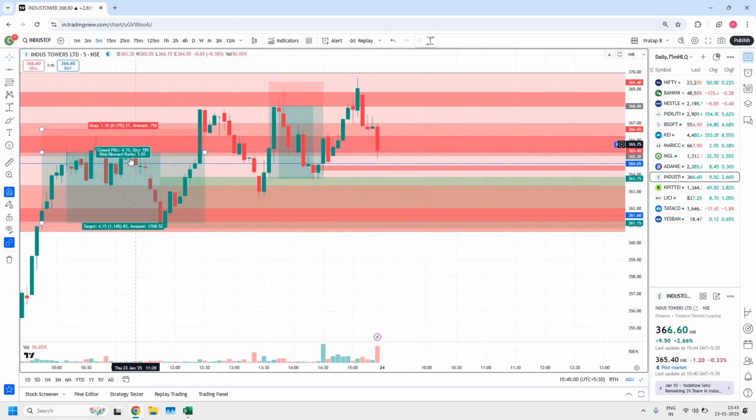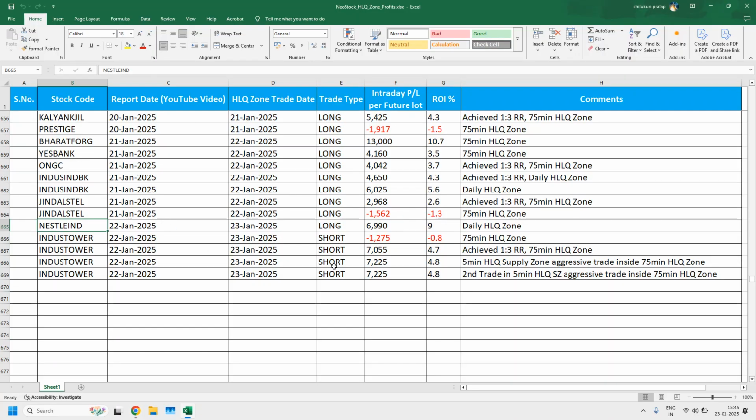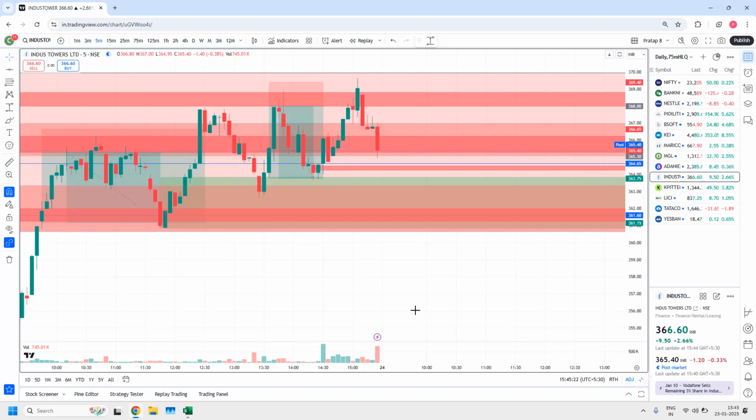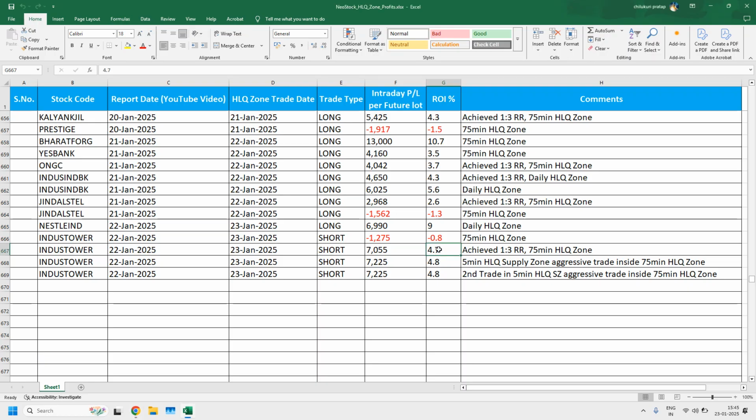Last opportunity it is given at 11 o'clock 10 minutes. You exited at 10:55 or 11 o'clock you might have exited. At 11:10 5 minutes candle, it gave a trade and it gave very good profit. How much profit it has given? 7,055 rupees, which is 4.7% ROI. Actually 4.65, but I am rounding the value, so 4.7.